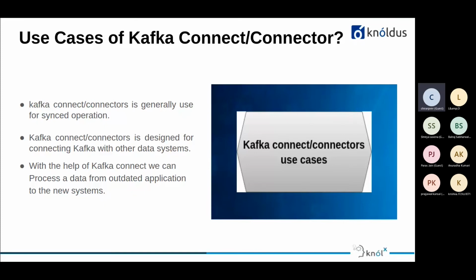Kafka Connect is a tool for scalable and reliable streaming of data between Apache Kafka and external data systems or applications. It makes it simple to quickly define connectors that move large data sets into and out of Kafka. Using Kafka connector, we can process data from outdated applications into new systems. These are the major use cases of the Kafka connectors.